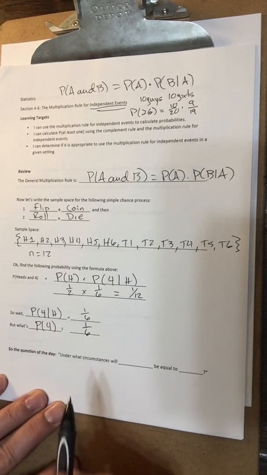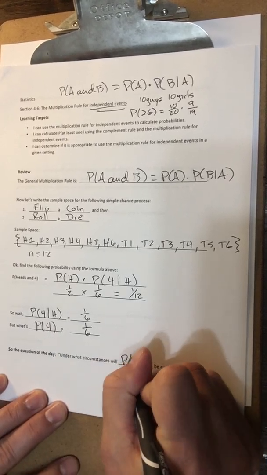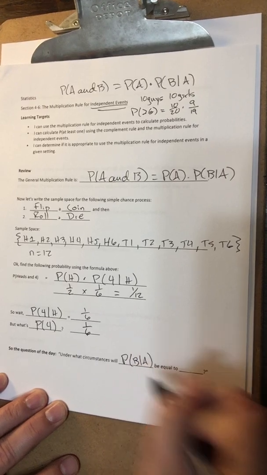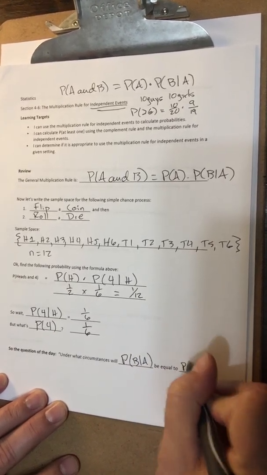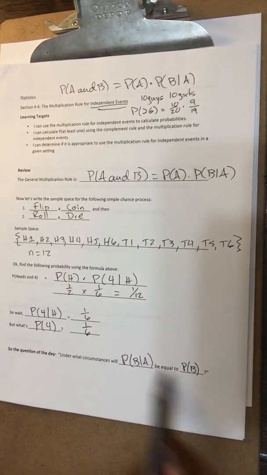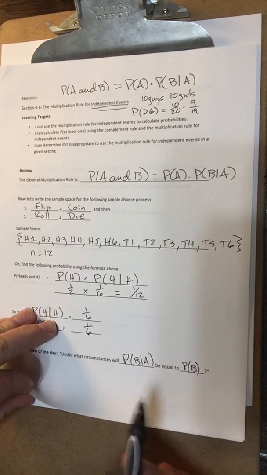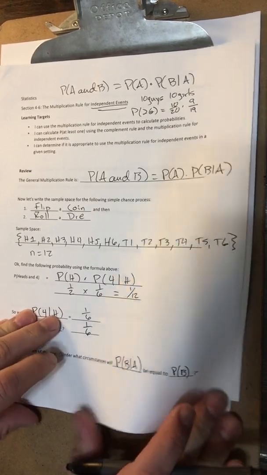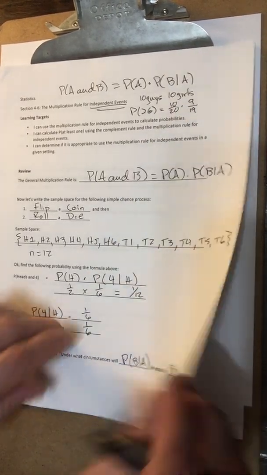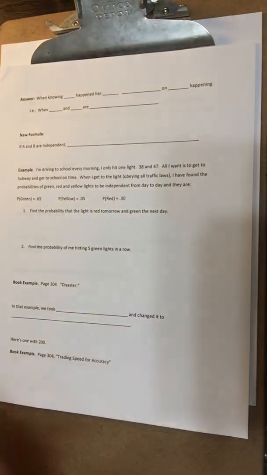Question of the day. Under what circumstances would the probability of B given A just be equal to the probability of B, as if A isn't even something I need to worry about? What circumstances would I have where the conditional probability is equal to just the straight up probability because the condition has 0 effect on the actual probability of the second thing happening?